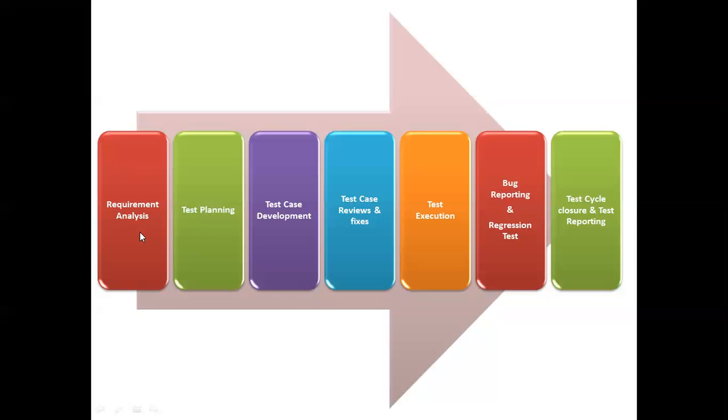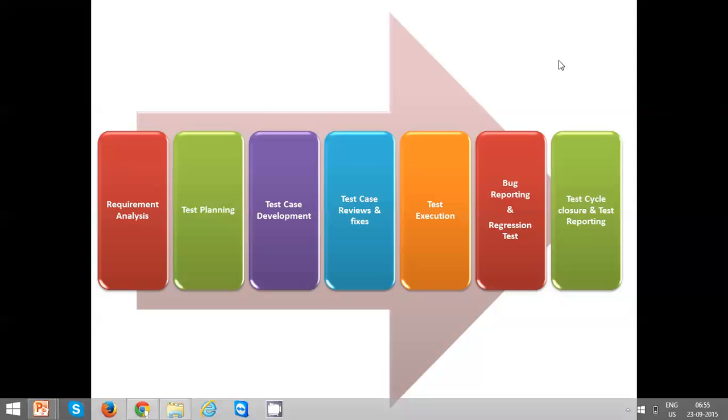Simply we can call it a regression test. And we can say test cycle closure, and we'll be reporting the details to senior people like the manager or customer. So this is about the testing life cycle. Next we'll see it one by one, step by step.